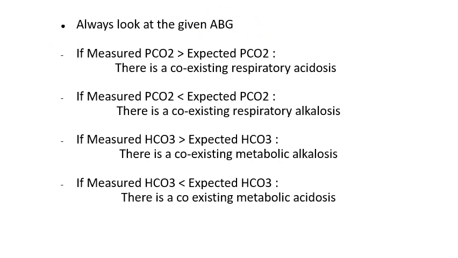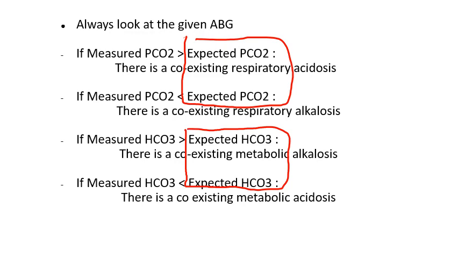We calculate the expected compensation by the formulas that have been written in the slide that was 2 slides back, and we get the value of expected PCO2 and expected HCO3 depending on what the primary disorder is.